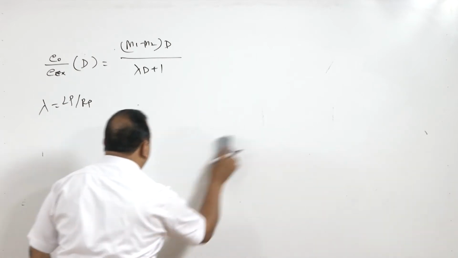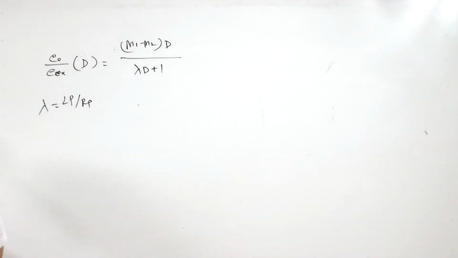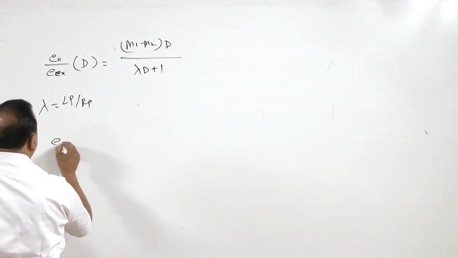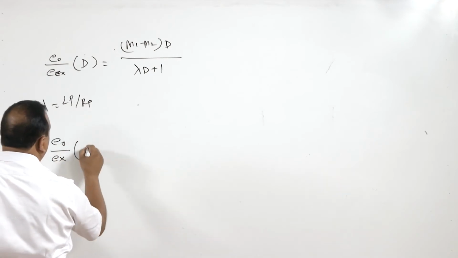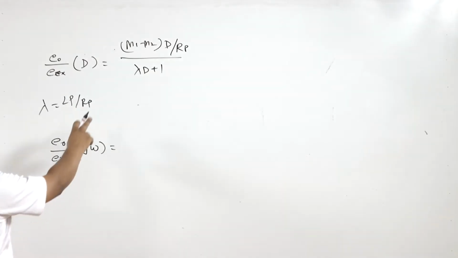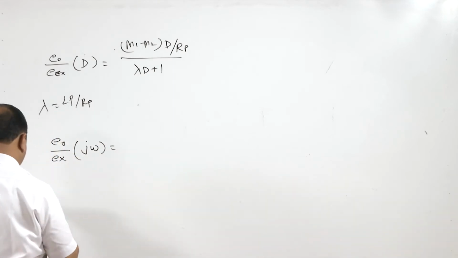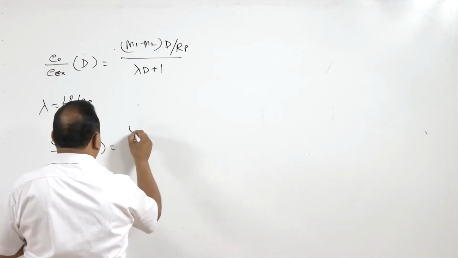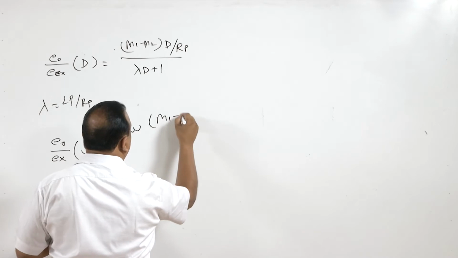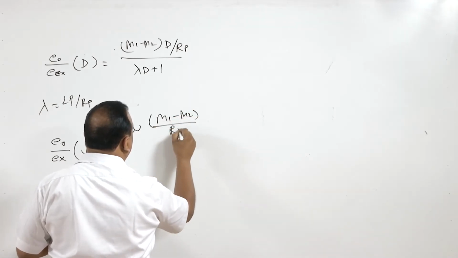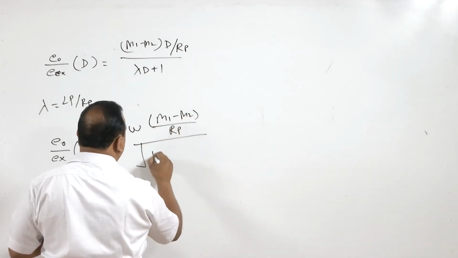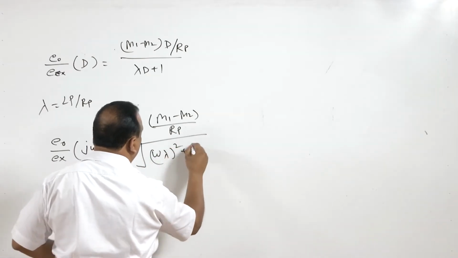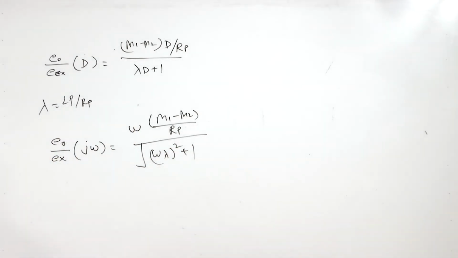But with LVDT we can go for higher input, and in that case EO by EX at j omega is equal to omega (M1 minus M2) divided by RP divided by the square root of (omega lambda) whole square plus 1. Right? And the rest of the analysis we can do as we did in the case of first order systems.